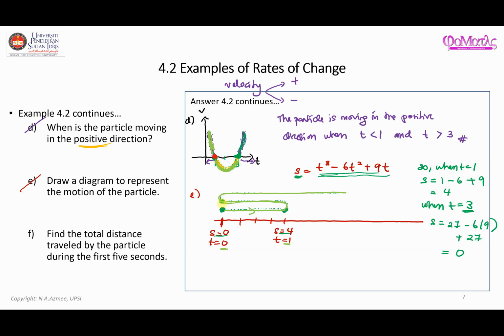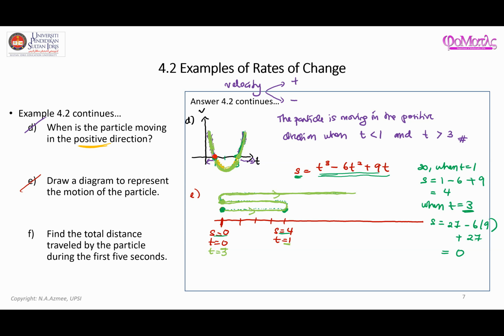And when t is equal to 3, it comes to the same point, the origin point, which is at s equals 0. Now, it stops at this point. When t is equal to 3, it stops. The velocity is 0. And after that, the value of velocity is positive, which means that the particle is moving in the positive direction.